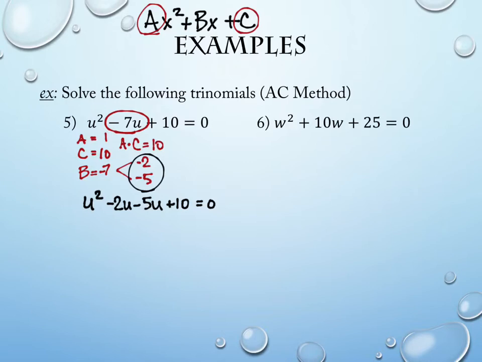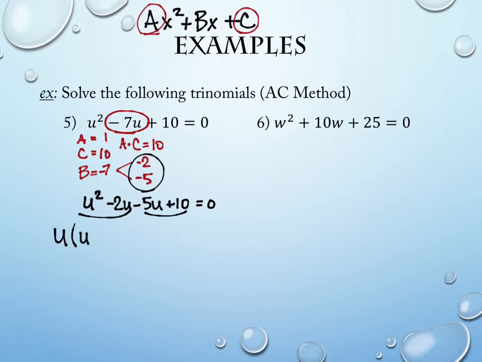Okay? And then what we do is we take these 2 pieces and these 2 pieces and we factor out the common factor, just like we were doing at the very beginning today. What do u squared and negative 2u have in common? U. So I take a u out. So if I take a u out of u squared, I'm left with u.